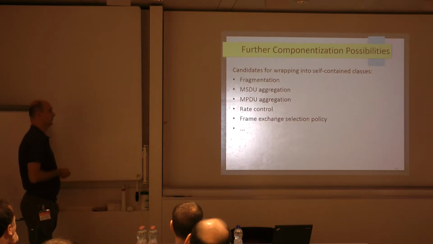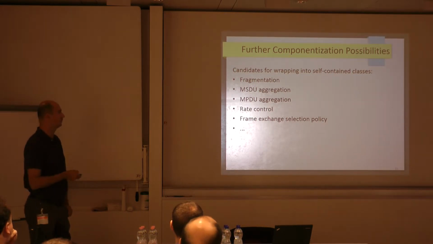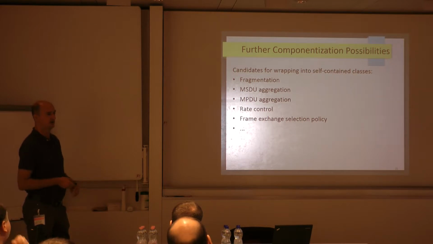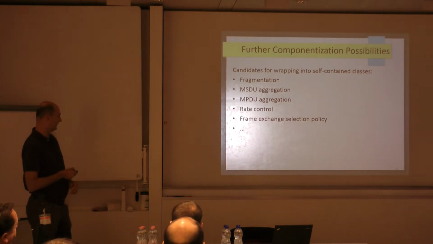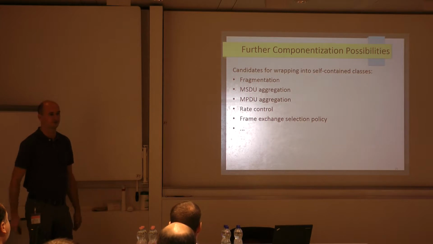Okay. So if you look at the C++ class design, there are some more opportunities for good design. We can encapsulate fragmentation, MSDU aggregation, PDU aggregation, these kinds of things into C++ classes, rate control, and also the frame exchange selection policy, because in later revisions of the standard, if you want to send a data frame, you have tons of possibilities to choose from.